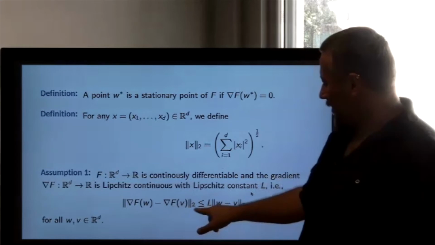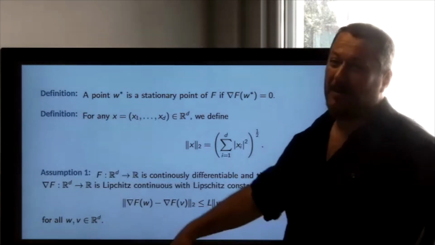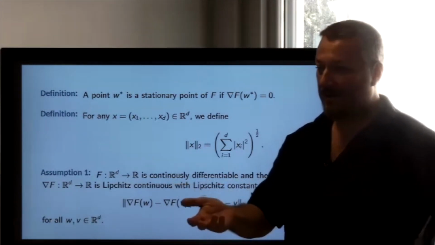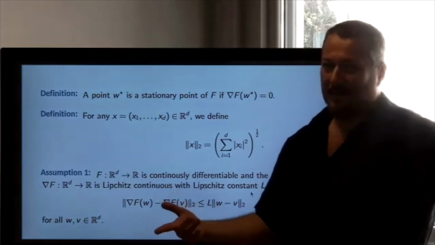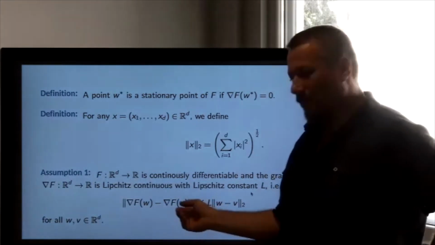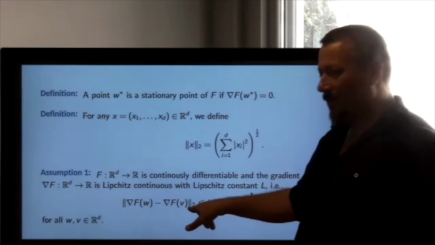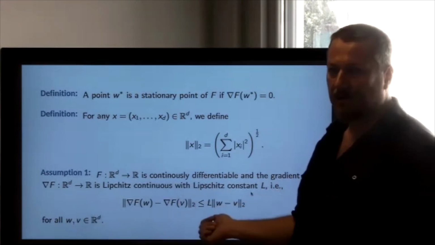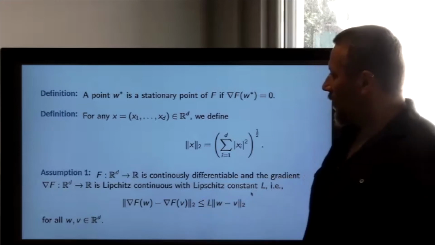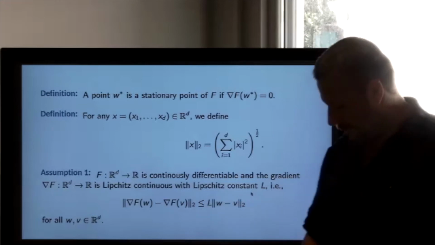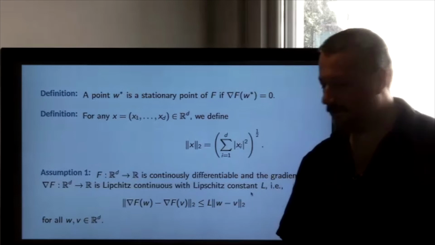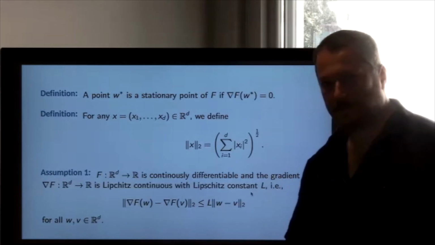But if you look at this condition, it tells something about the second derivative, even though it may not exist. If the second derivative exists, it tells you something about the curvature: this says the second derivative is bounded from above by L. But I'm just going to assume continuous differentiability.